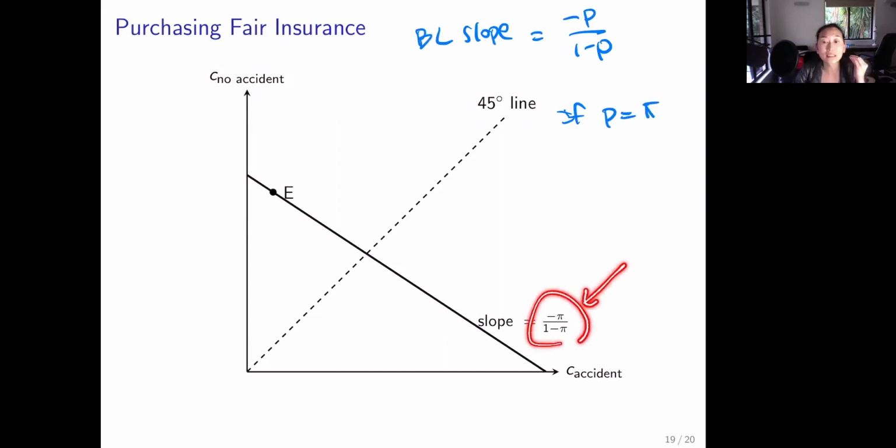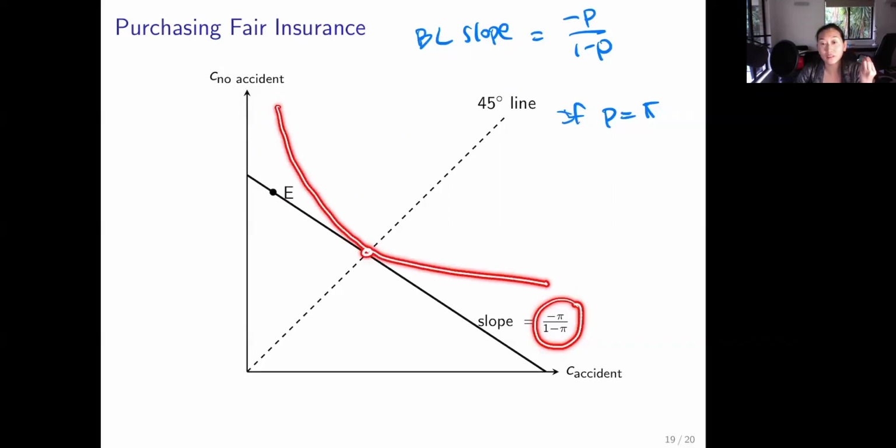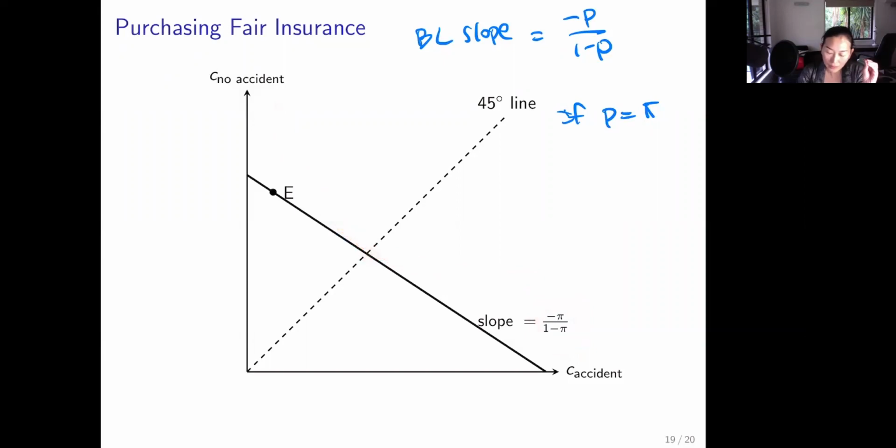That is the slope of the indifference curve along the 45-degree line, right? That would be exactly it. So if you draw the indifference curve, this is going to be tangent to your indifference curve, right? Because the slope of the budget line is equal to the MRS, because P is equal to pi.